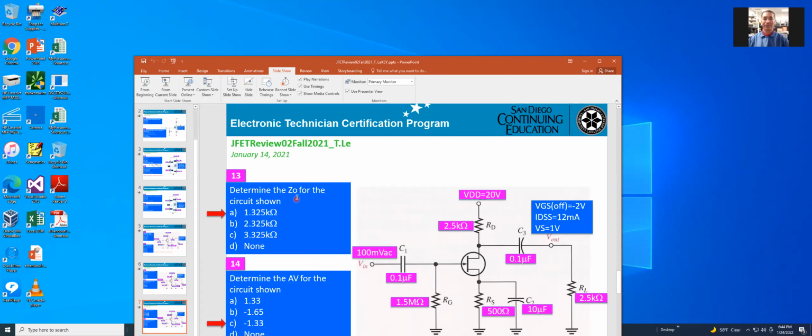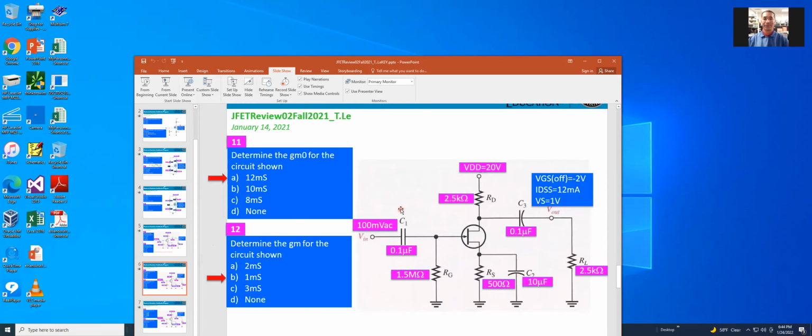Hold on, can you go back over number 12? I don't think that is correct. Okay, what the formula? What the GM0? GM equals GM0 times the quantity 1 minus VGS divided by VGS off.